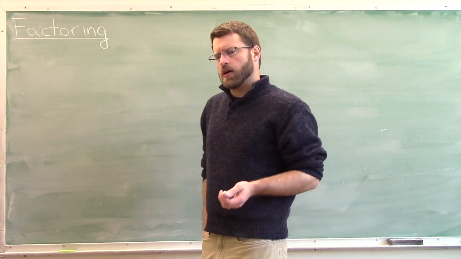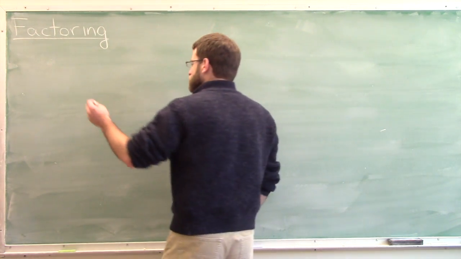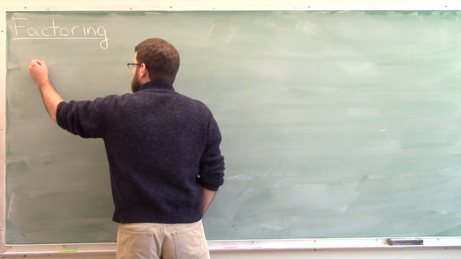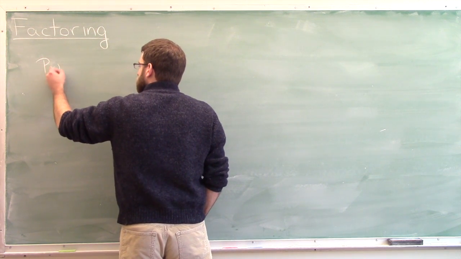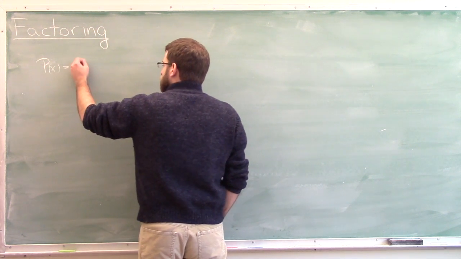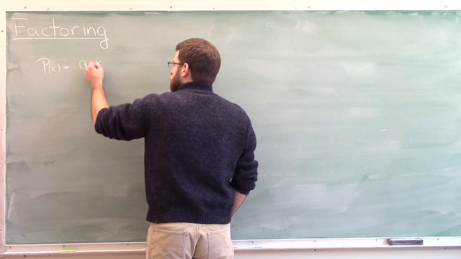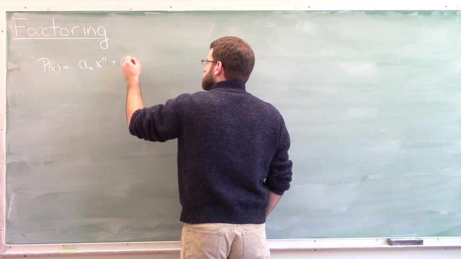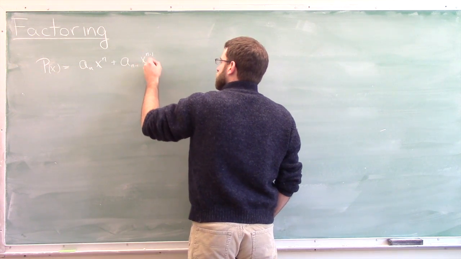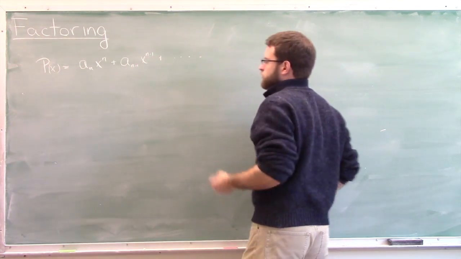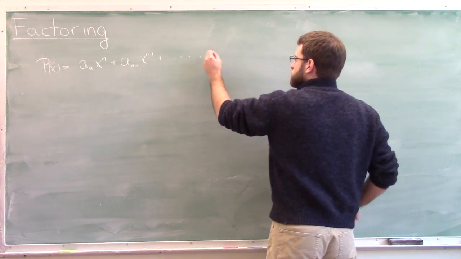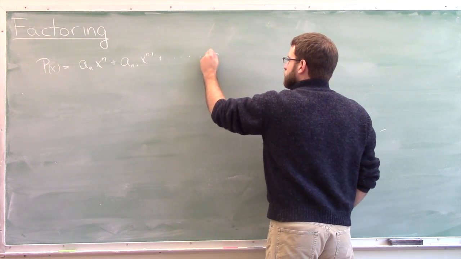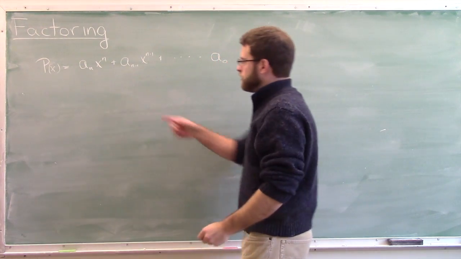We've already seen the standard form, or the canonical form, for a polynomial. If I write a polynomial in the variable x, I can write it out in its canonical form as a bunch of different pieces all added together. Some of these pieces might be missing, some might be negative, all of these things are possible.